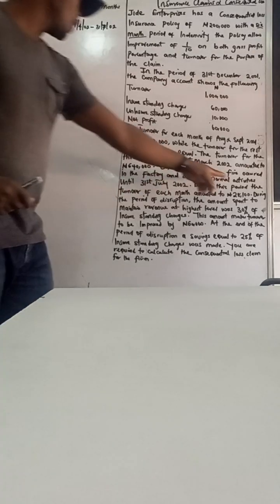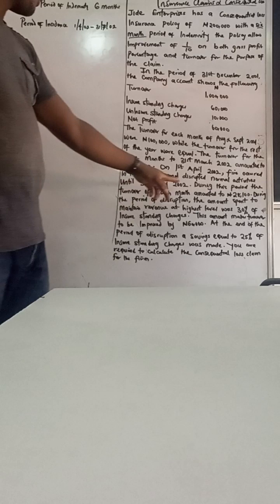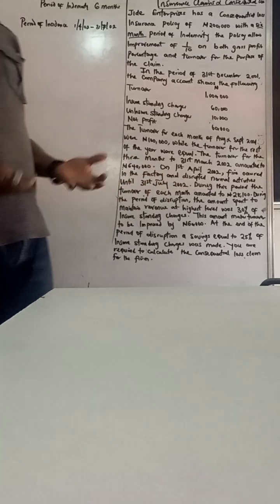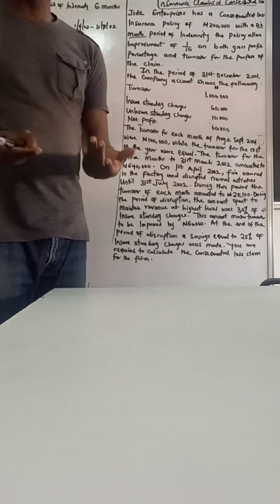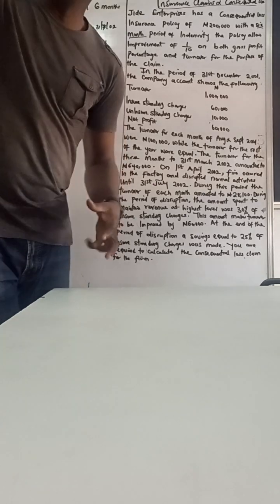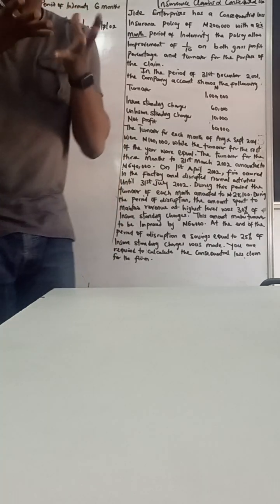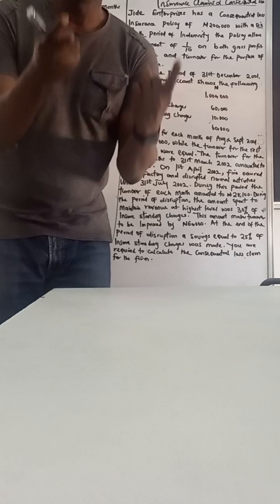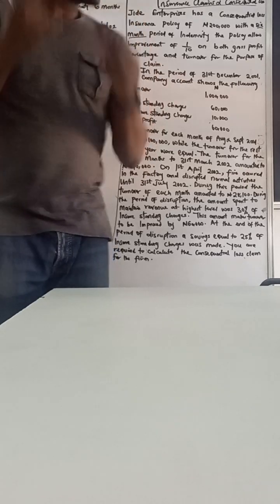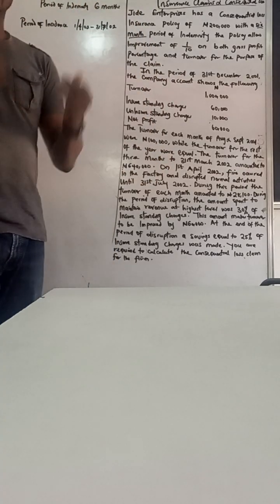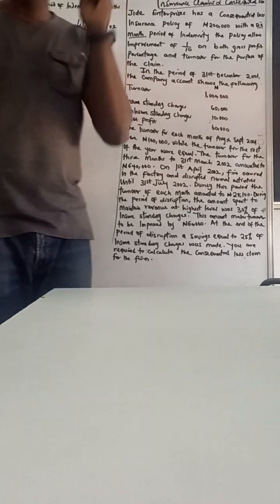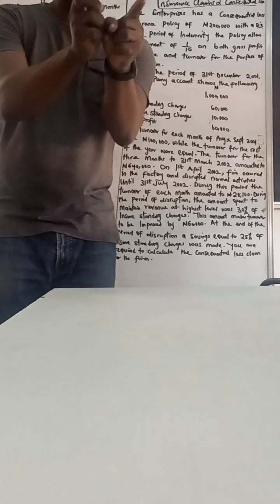During this period, the turnover of each month amounted to 28,100. They are talking about the turnover in the period of destruction, that is the actual turnover. Take note, it is 4 months, so they give us 28,100 each month. So it's going to be times 4. When we get there, we are going to apply it.